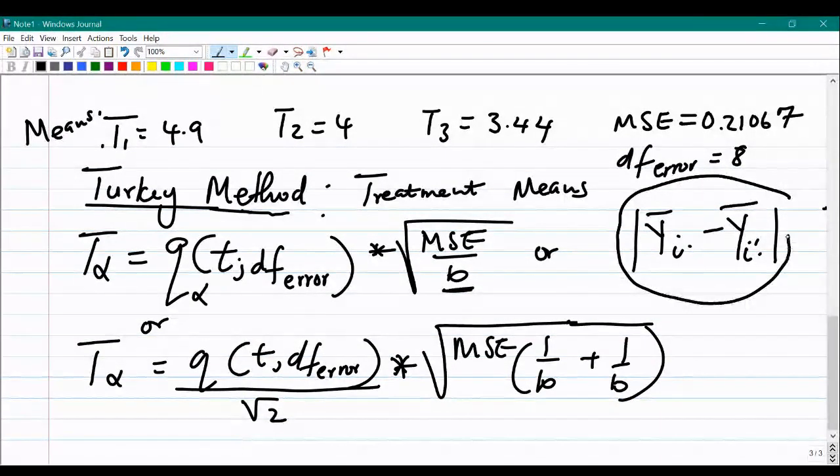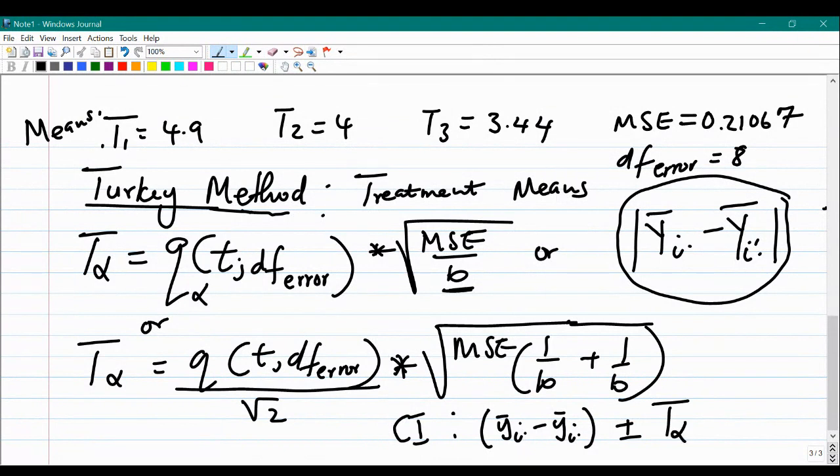The confidence interval is going to be the difference of the treatment means, plus or minus the Tukey value, like this, isn't it, Mr. Manyam? Yes, sir. So the confidence interval for Tukey will be given by this.